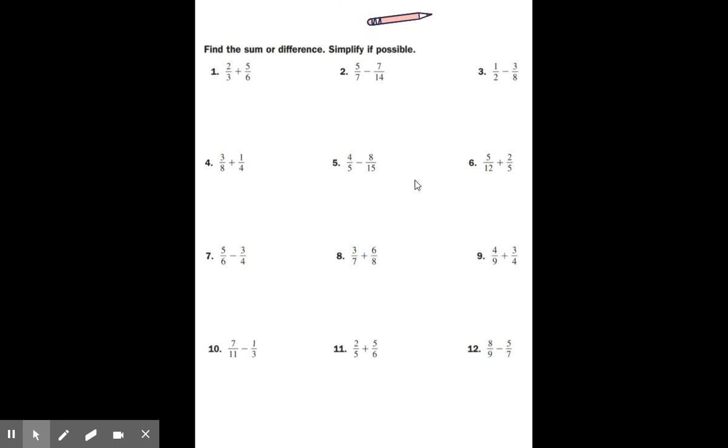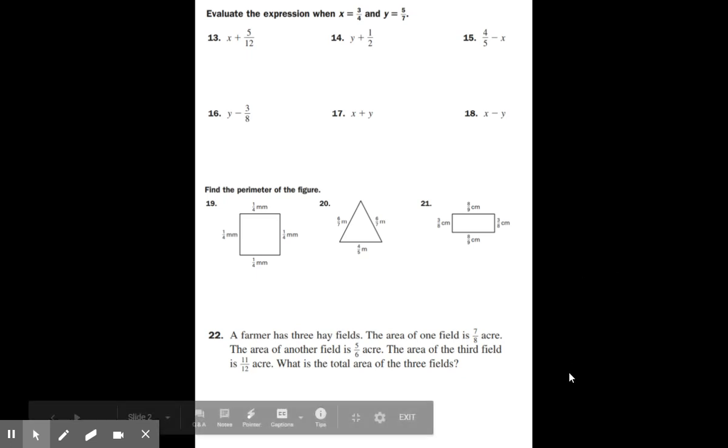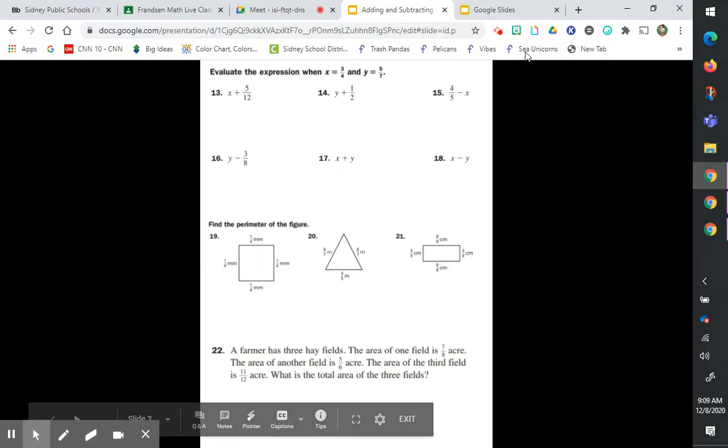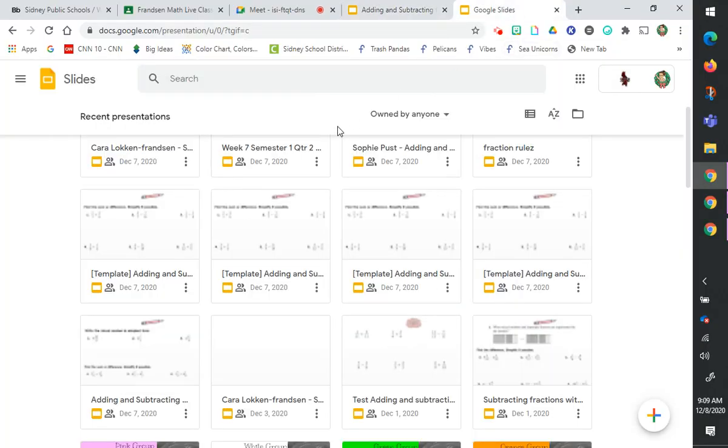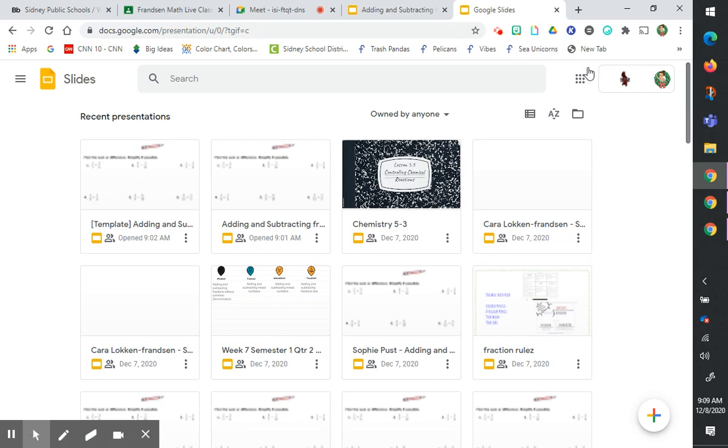So we're going to keep going. All right. Can't figure out how to get out of here now. There we go. Google Slides. I seem to have a problem here. I'm not sure where it is.